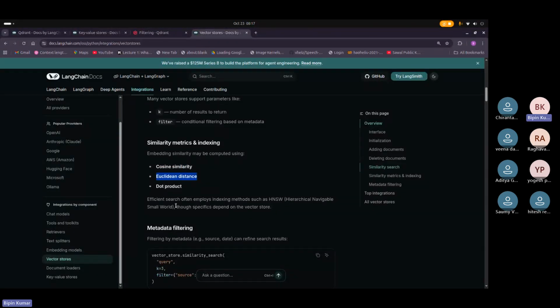Dot product you can also use. That is just to get the angle, and the value of cosine similarity and dot product is almost the same. The only thing is that in cosine similarity, some normalization is happening, just to keep the value between -1 to 1. If you do not do that, its value may vary from minus infinity to plus infinity.